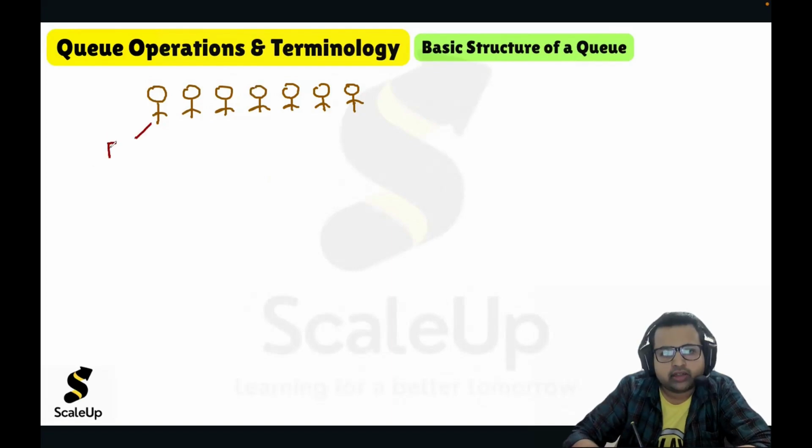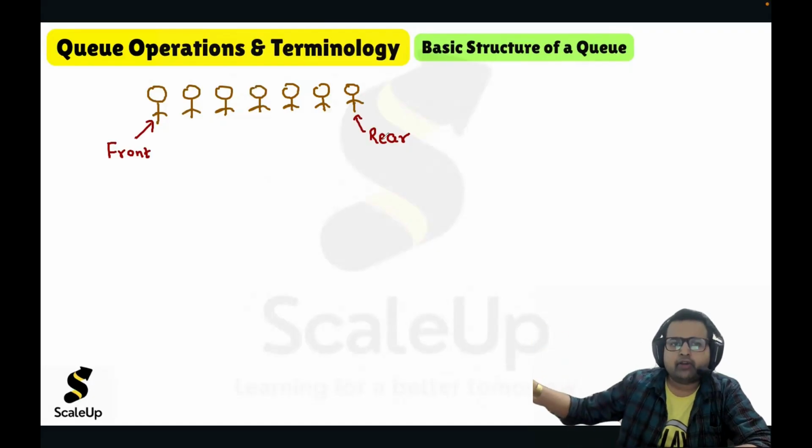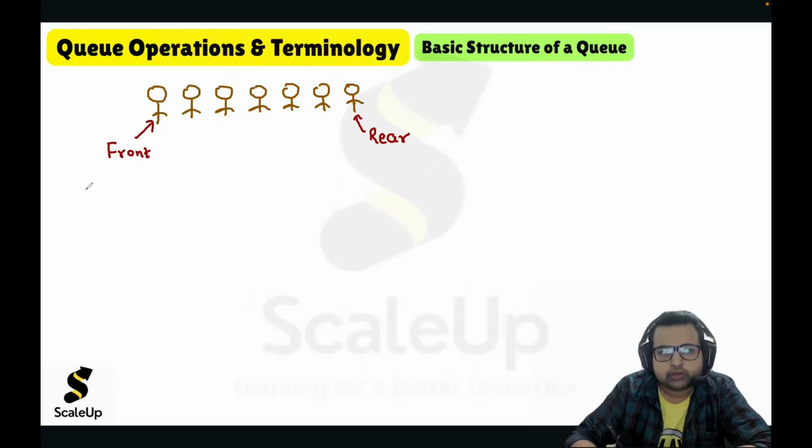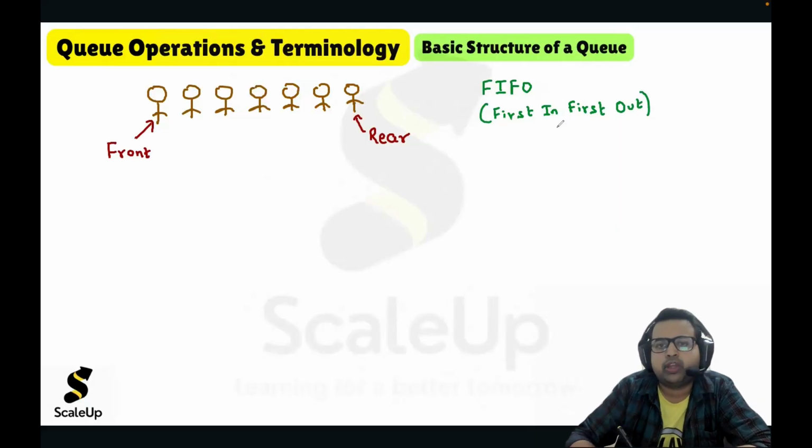This is the front of the queue, the starting point of the queue, and rear is the end of the queue, the last of the queue. Now we already know that queue follows the principle of FIFO. And what is FIFO? First in, first out. The first one inserted will be the first one to be out.